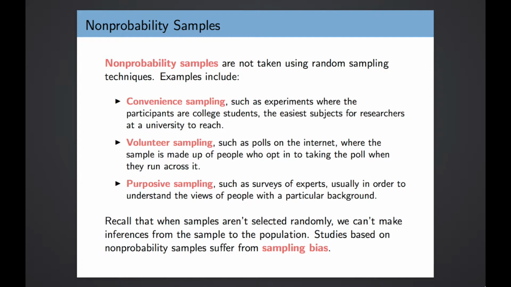Depending on your research design, it's not necessarily a problem that the sample that you're working with isn't random. Lots of experiments are based on non-random samples of college students who sign up to do an experiment or to take a survey or something like that. So it's not necessarily an issue for a researcher that the sample that they're working with isn't random, but it does become a problem if the researcher doesn't understand that the sample that they're working with is a non-probability sample.